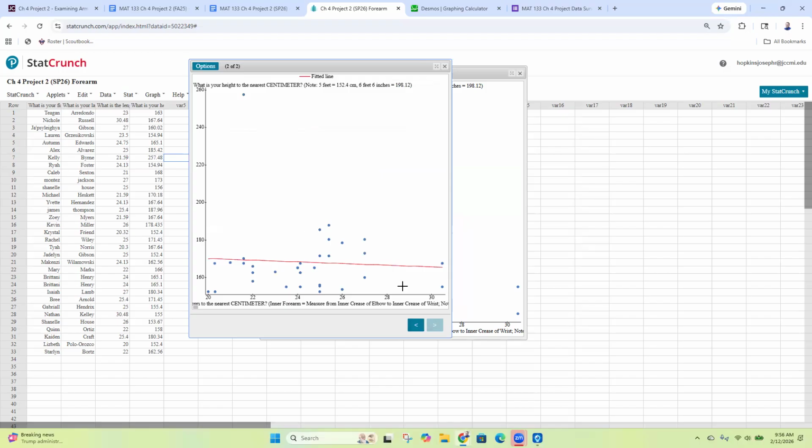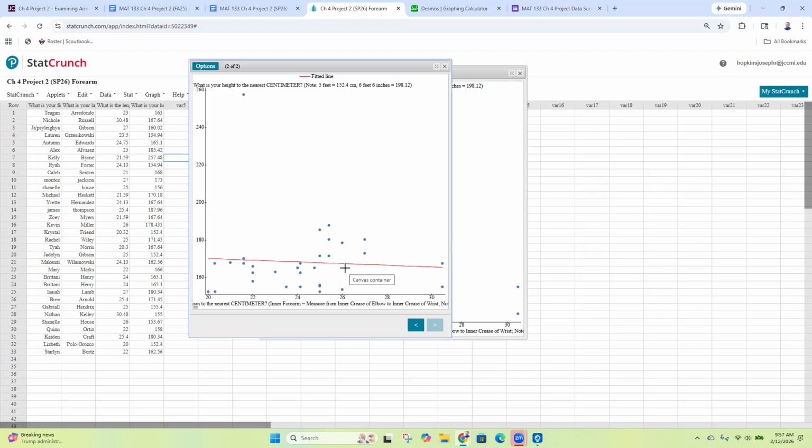Looking at my graph right here, my slope is going down. That's telling me that as your forearm gets bigger, your height gets smaller, or as your height gets bigger, your forearms get smaller. That's really weird, right? We don't have short people walking around with giant arms and tall people walking around with T-Rex arms.